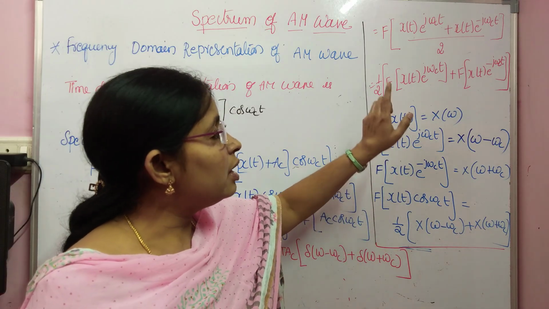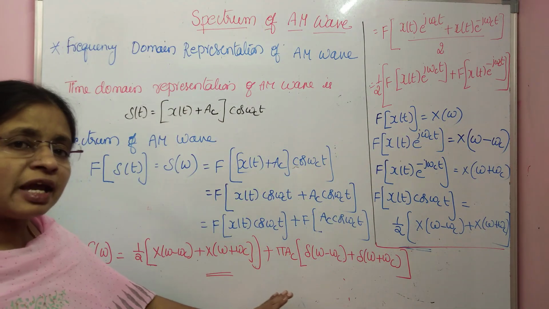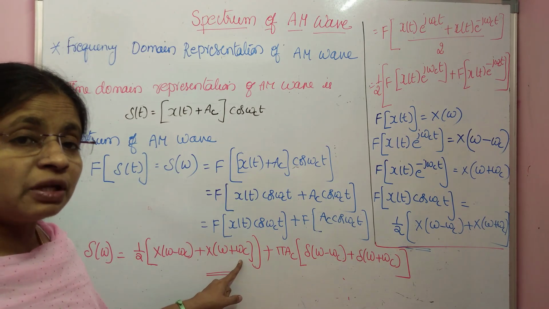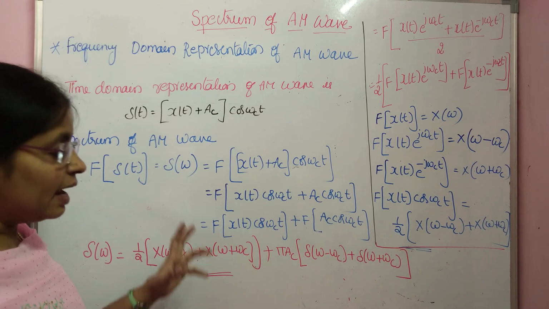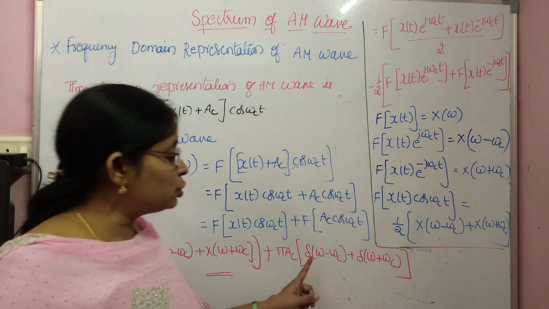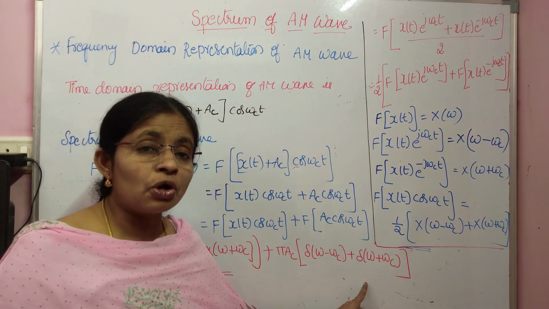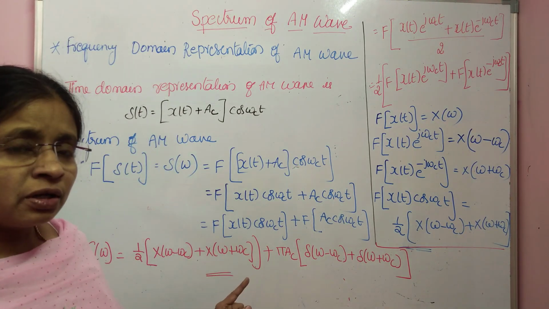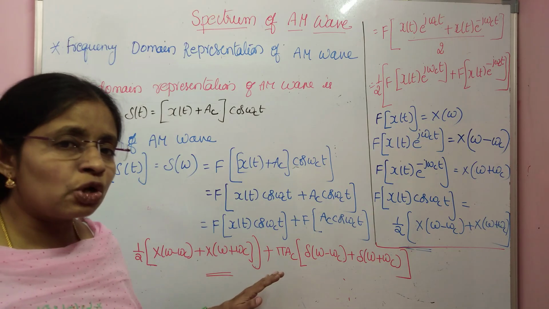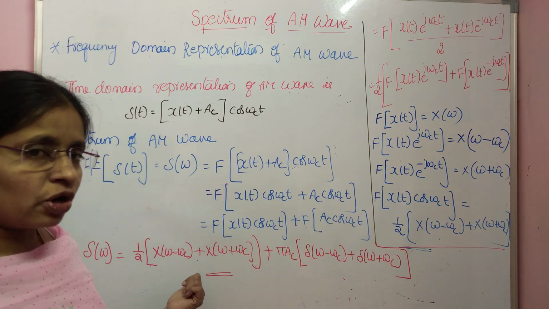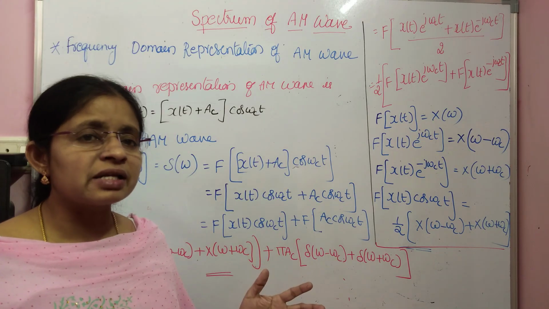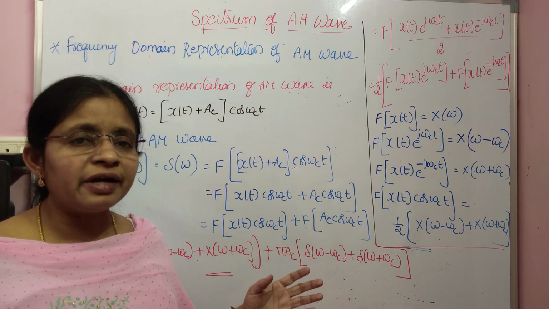So here the spectrum of the AM wave consists of the shifted version of the message signal along with two impulses which are also shifted. If you observe the shift, there exists plus omega c and minus omega c. What is omega c? Omega c is nothing but the frequency of the carrier.